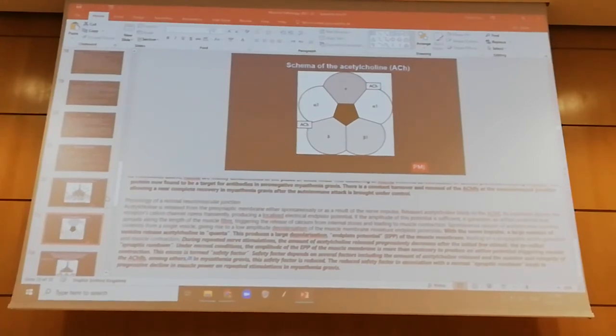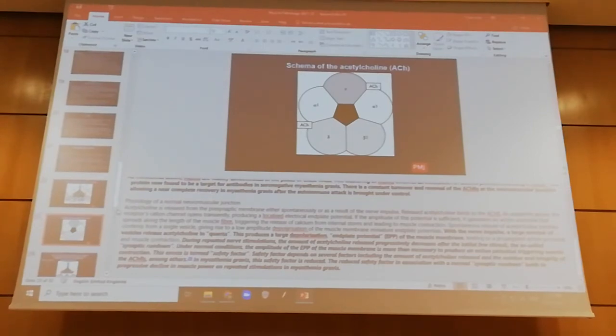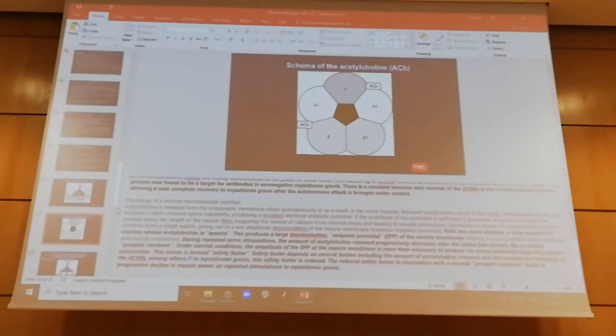That is called synaptic rundown, which is normal. But even with synaptic rundown, if the acetylcholine receptors are normal in quality and quantity, it will not result in weakness. There will still be an EPP happening.